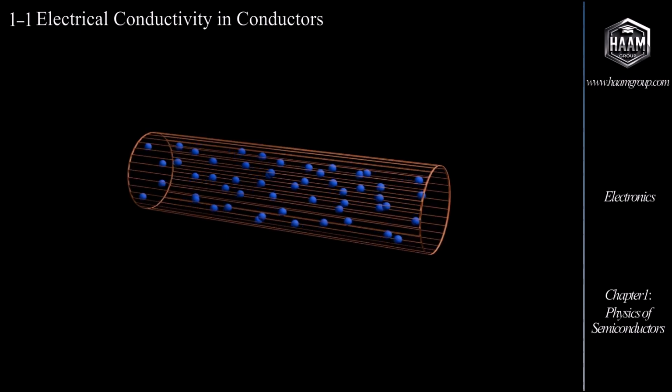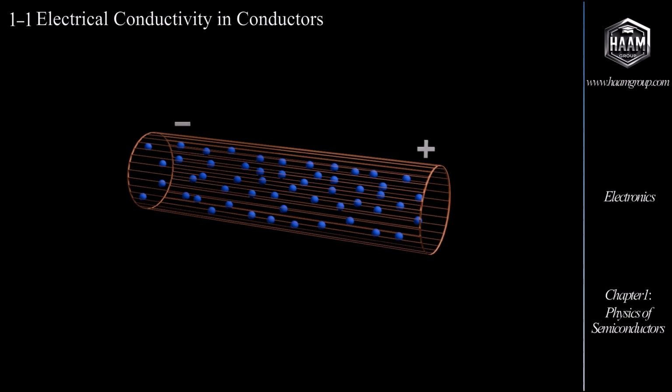But under normal conditions, the motion of these charges is random and disorderly. We can say that the rate at which charge enters and exits any cross-section of the conducting material is equal, and as a result, this motion does not produce a net current.